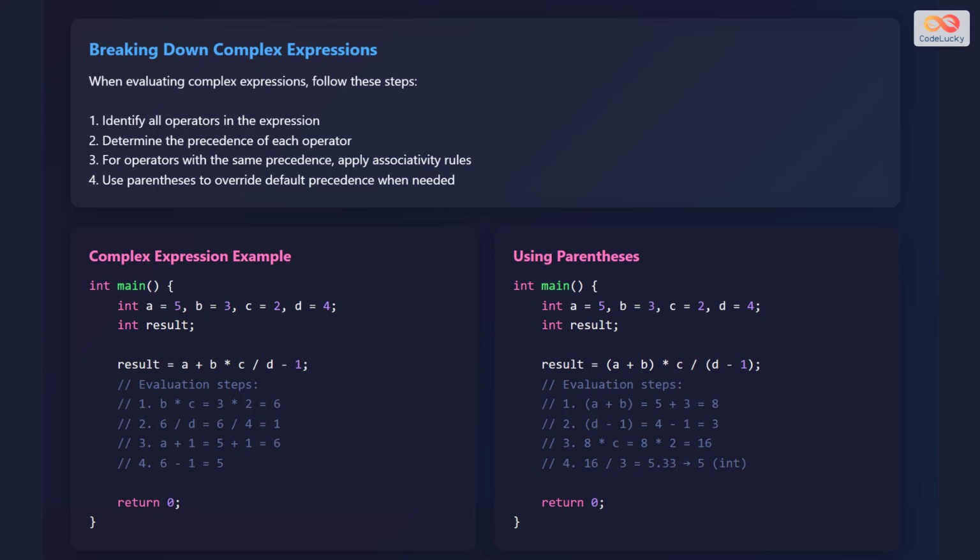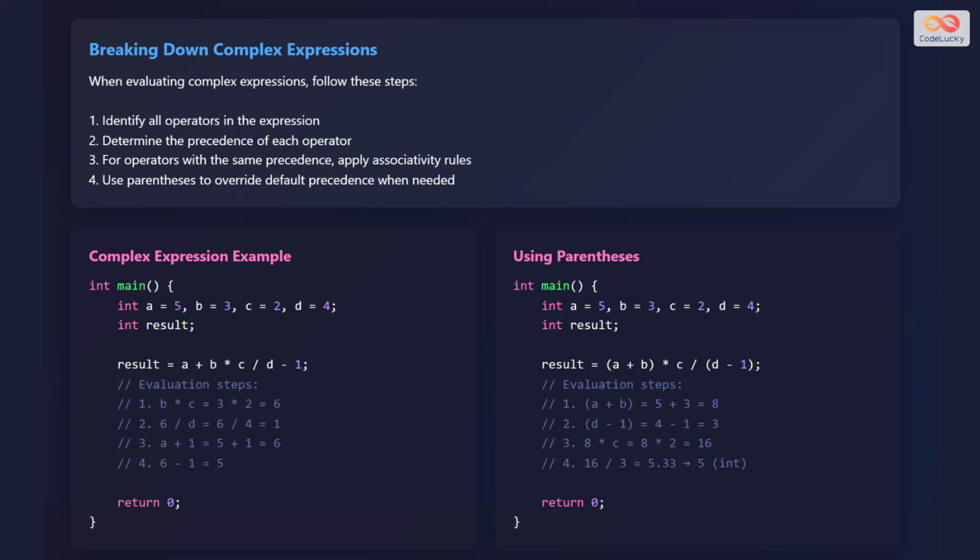We initialize integer variables a, b, c, and d with values of 5, 3, 2, and 4 respectively. Then we declare an integer variable named result. Next, we have result equals a plus b times c divided by d minus 1. Following the order of operations, first we perform b times c, which is 3 times 2, resulting in 6.